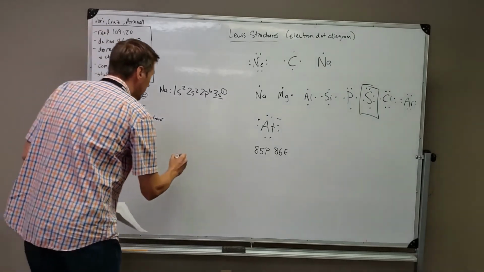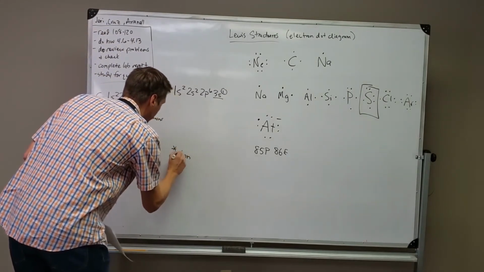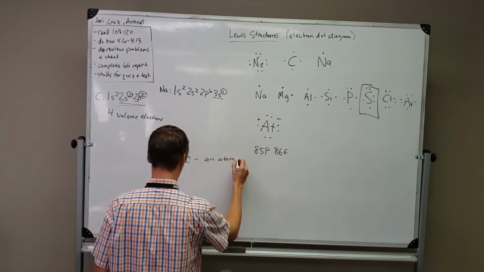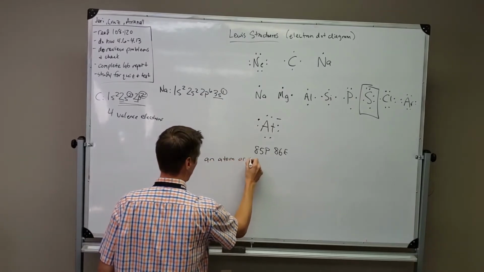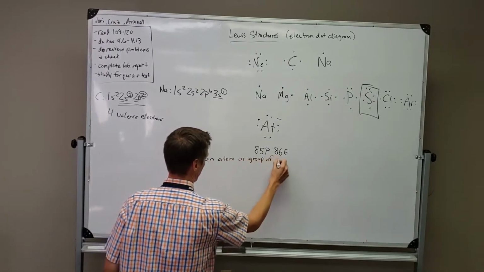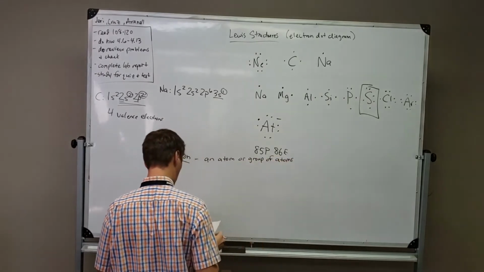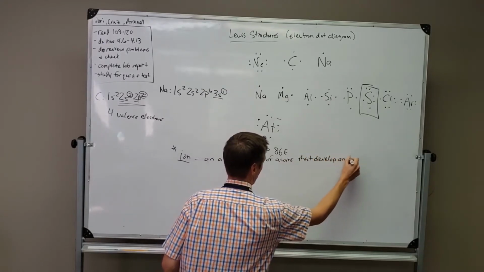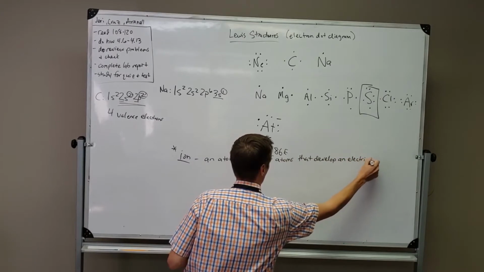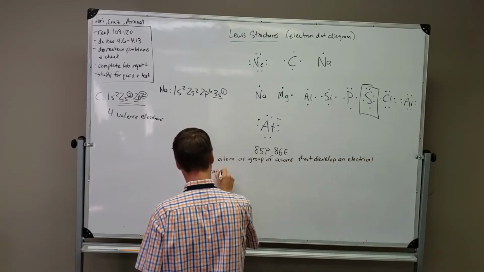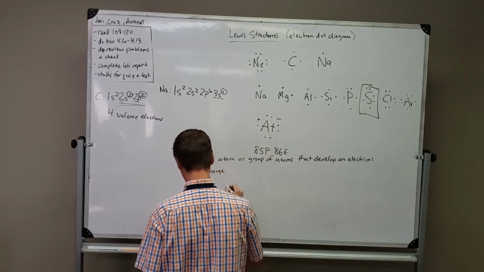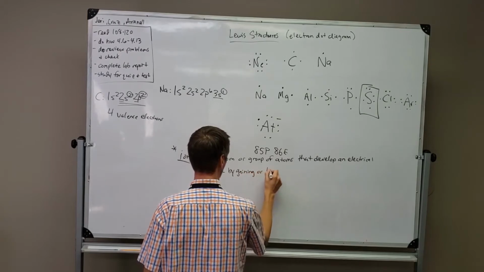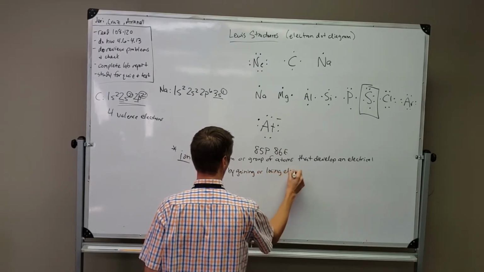So an ion is an atom or group of atoms that develop an electrical charge by gaining or losing electrons.